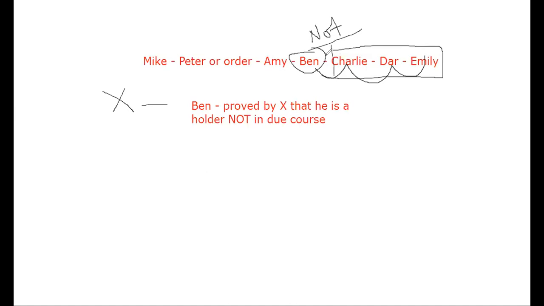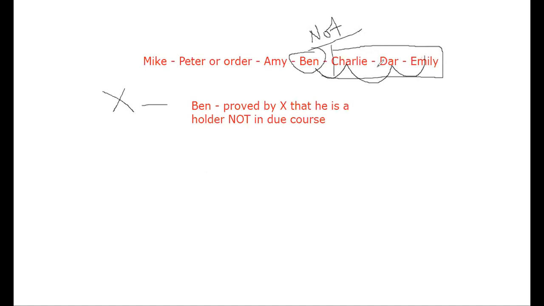Considering that Ben negotiated that instrument to Charlie after it was shown that he's a holder not in due course, and Charlie negotiated that to Dar, Dar to Emily after it was shown that a prior party is a holder not in due course, then they will no longer enjoy the presumption of being a holder in due course.